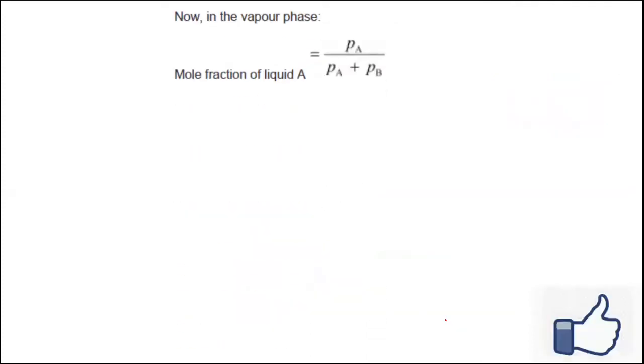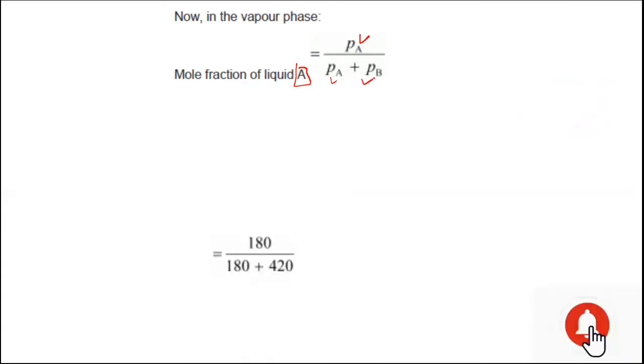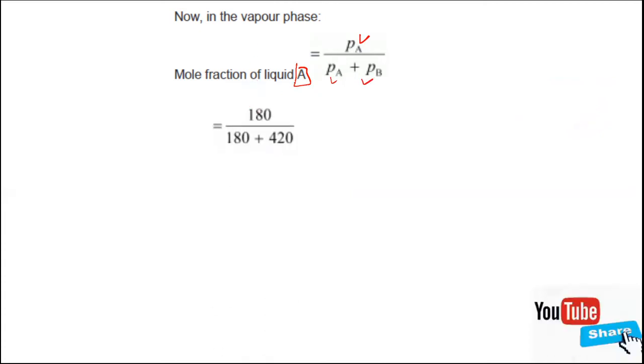Now, in the vapor phase, the mole fraction of component A is equal to PA upon PA plus PB. We substitute the value of PA, that is 180, value of PB 420, plus 180, that is the value of PA.